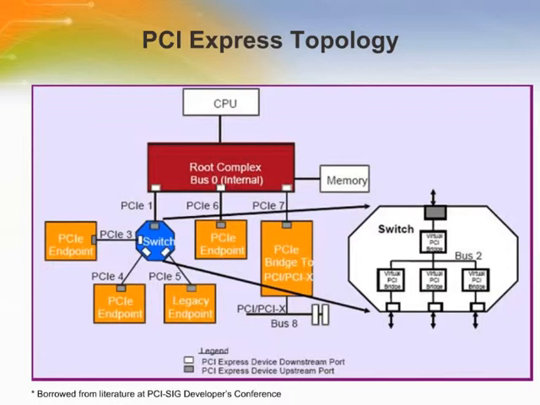A bridge device creates a bridge between PCI Express and another standard, typically a PCI or PCI-X hierarchy. A switch is used to expand the PCI Express fabric, utilizing virtual PCI-to-PCI bridges as seen in the figure. Endpoint devices are simply peripheral devices that are either requesters or completers of PCI Express transactions.